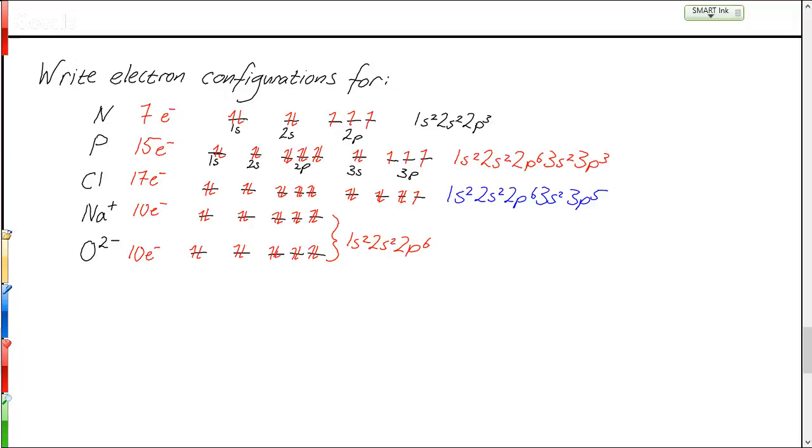They're all full. That's a special situation because it's extremely stable. So we call this noble gas configuration, because it's the same configuration as whatever noble gas is at the end of the row.